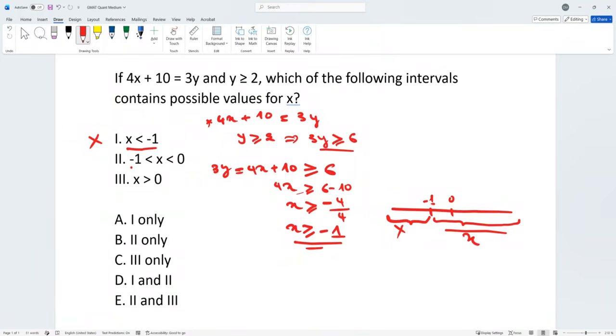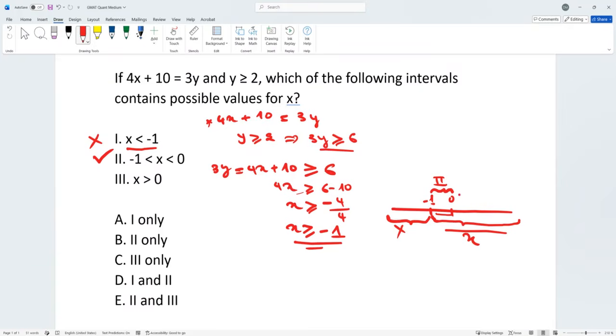The second interval is saying that x is contained between minus 1 and 0. So it's contained here. So we can definitely see that this is containing possible values of x. Okay, so this is correct. And then we try to check the third interval, which says that x must be greater than 0.